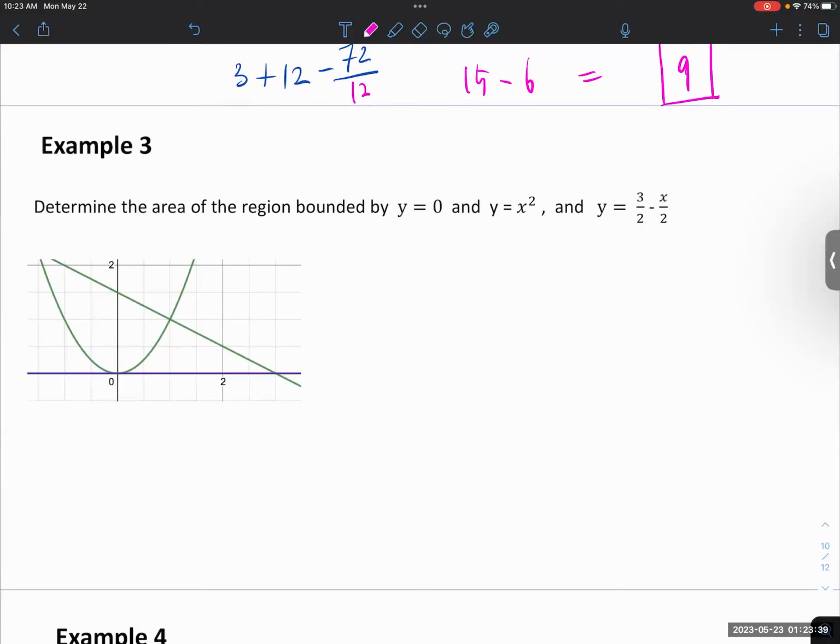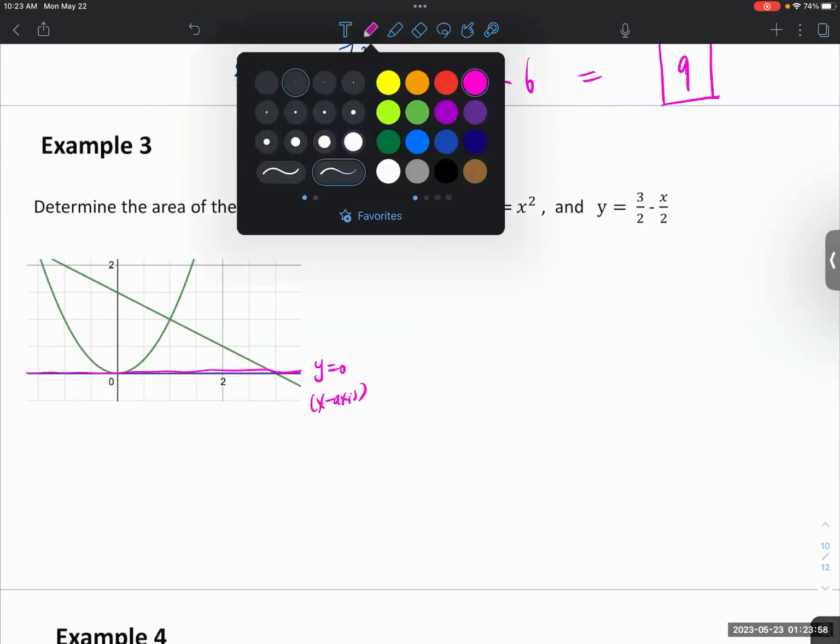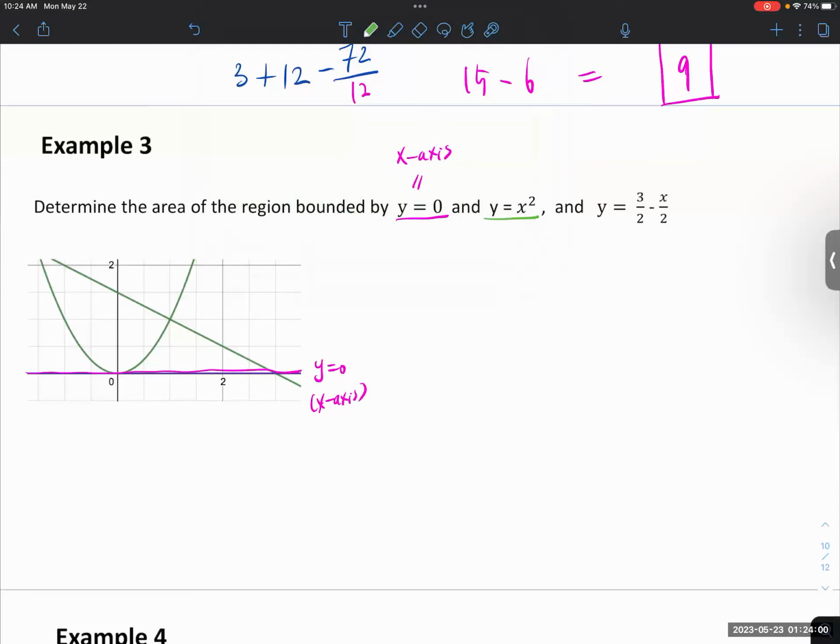So let's take a look at it. Determine the area bounded by: one is y equal to 0. Y equal to 0 means what? It is the x-axis. And then you have another quadratic function, y equal to x squared.